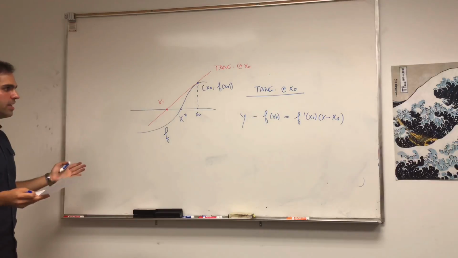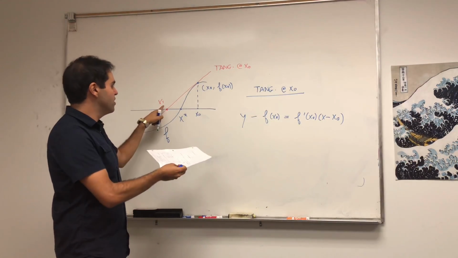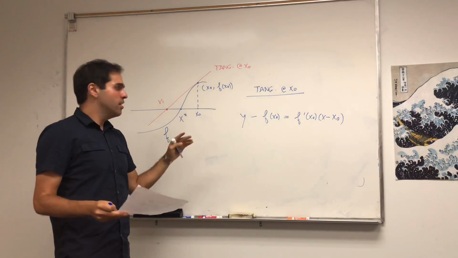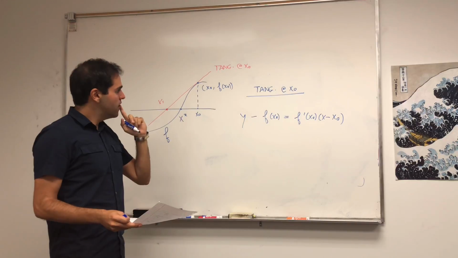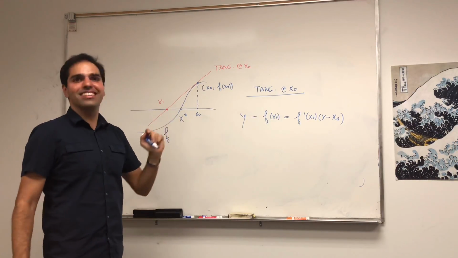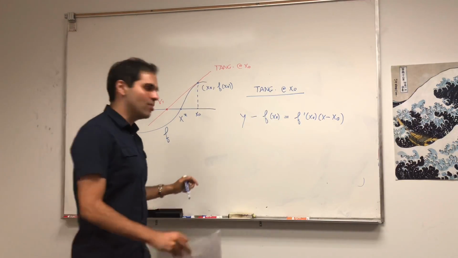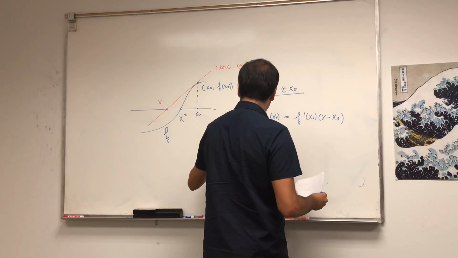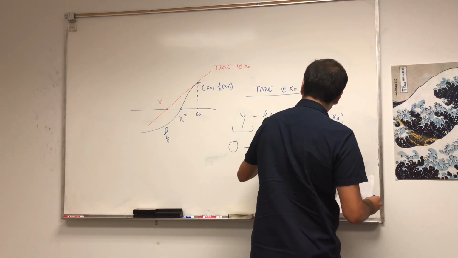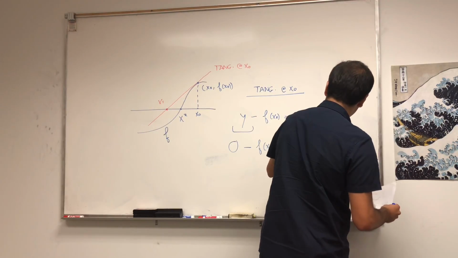And the point is, as I said, the 0 of this function is roughly the x-intercept of that tangent line, meaning that we set y equal to 0. So we get 0 minus f of x0 equals f prime of x0 times x minus x0.